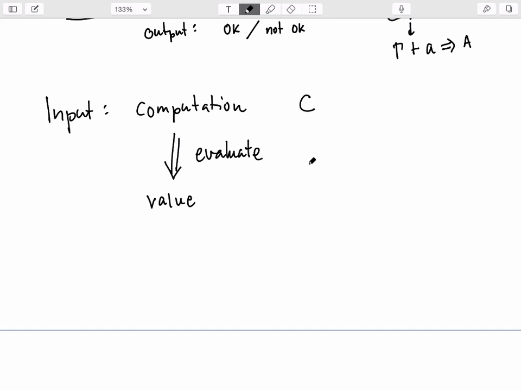Presumably a full-fledged proof assistant can produce things like integers and strings and so on, but the pure version of it would be that the value is a judgment. So it has now computed the fact that we have some sort of a judgment.